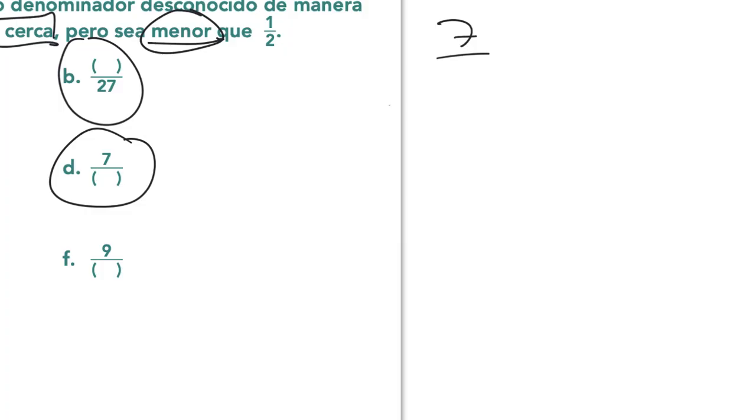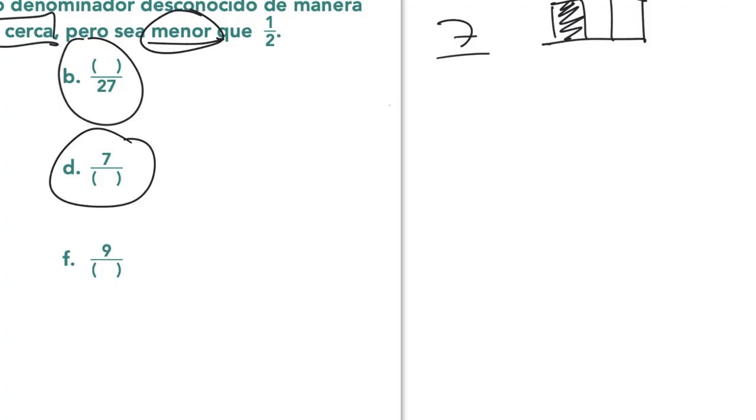Remember that the numerator is the number of pieces that's shaded. Okay, so like, for example, if I have a box right here, and then I just do like that, I have one of the 3 shaded, right?